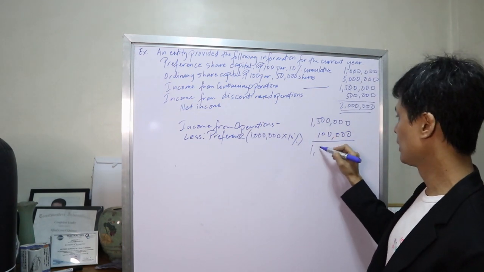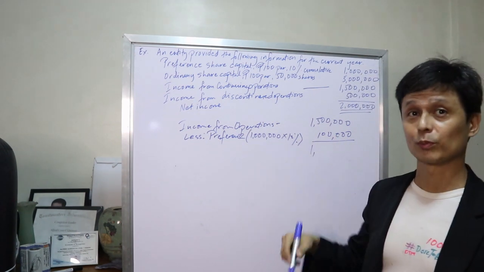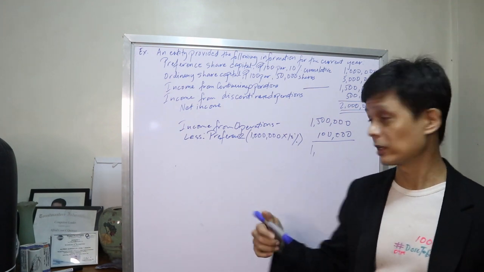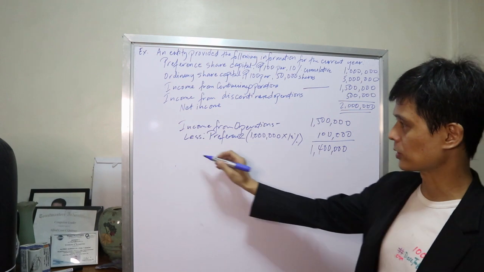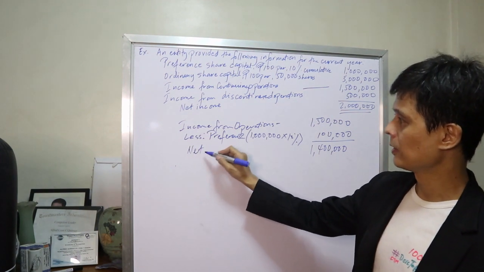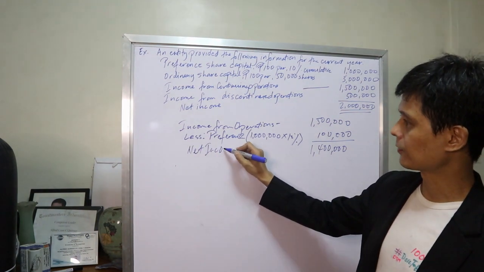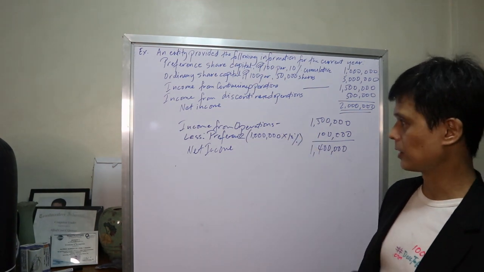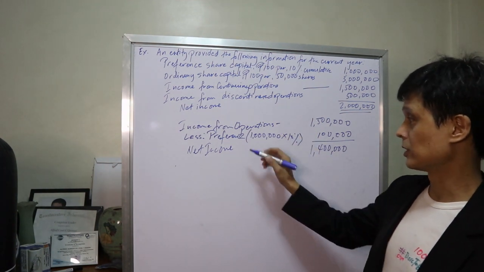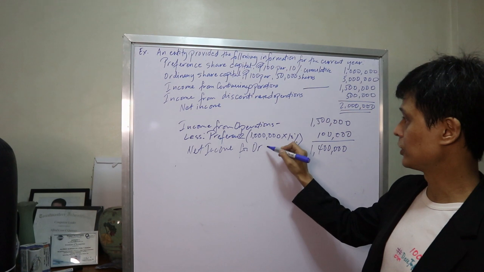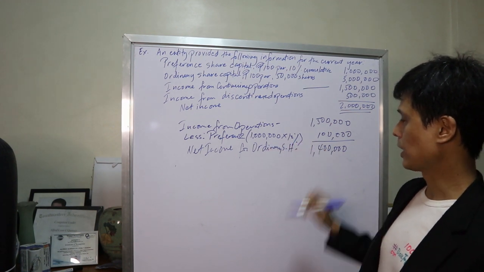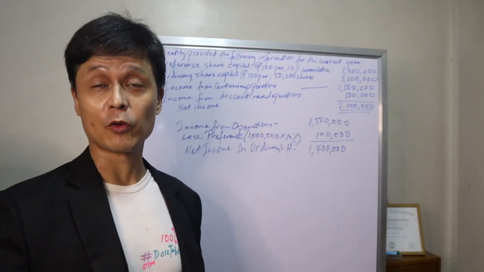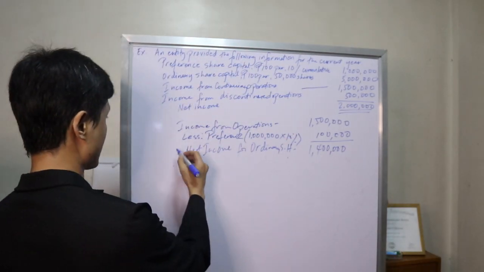So ang magiging net income niya after deducting yung preference dividends for the current year is 1,400,000. So ito yung magiging numerator niya. So this is net income after deducting the preference share. So this is for ordinary shareholders na to. And so computing muna natin now for the EPS.